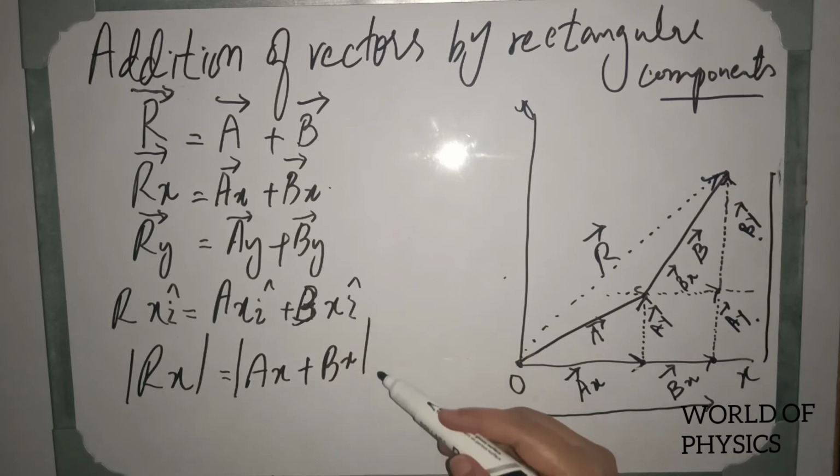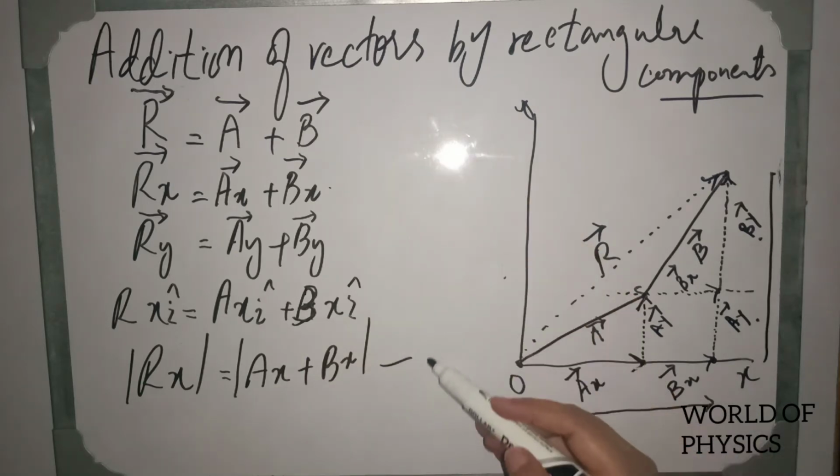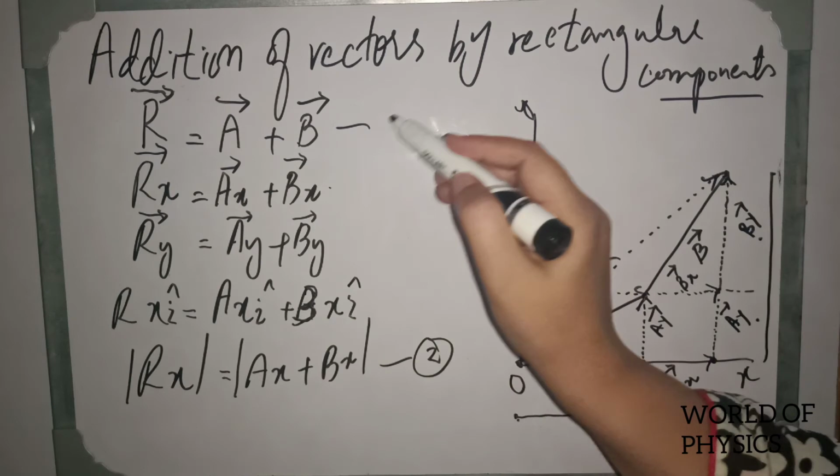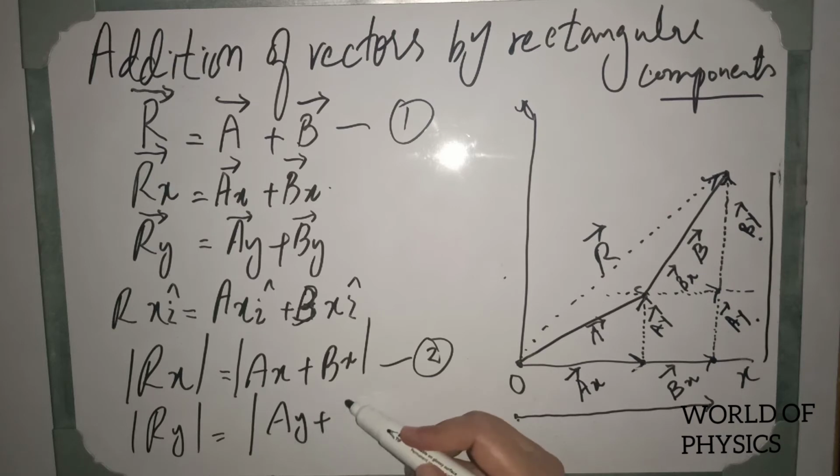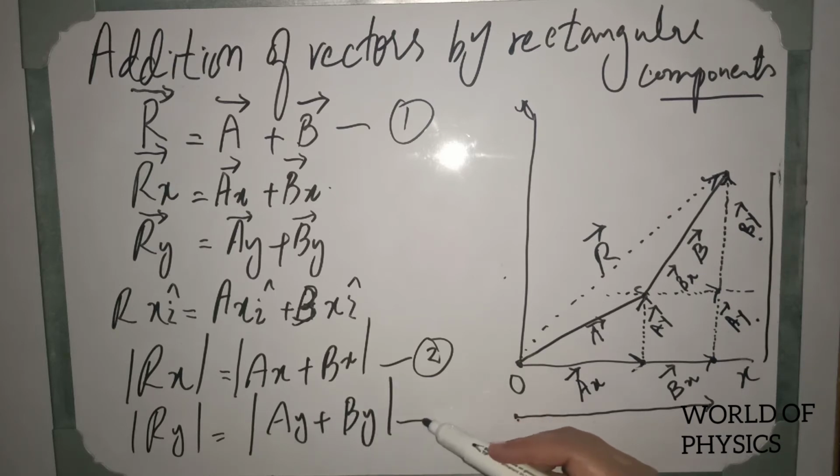Say this is equation number 2 and this was equation number 1. Now I can write down the magnitude of ry in the same manner. The magnitude of ry is equal to the magnitude of ay plus the magnitude of by. Say this is equation number 3.